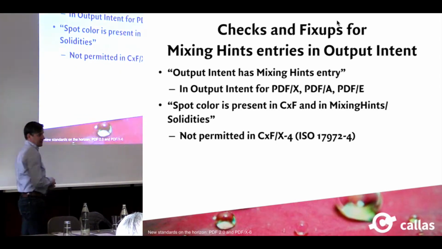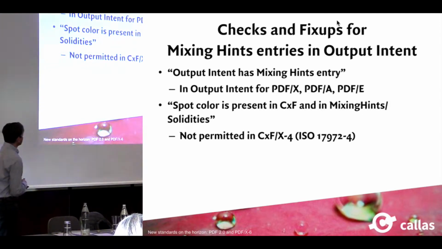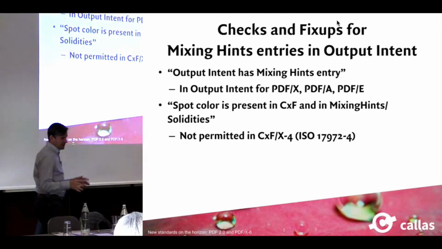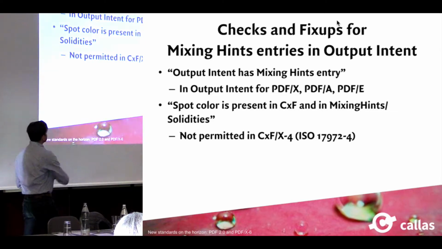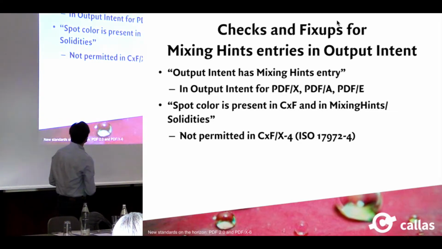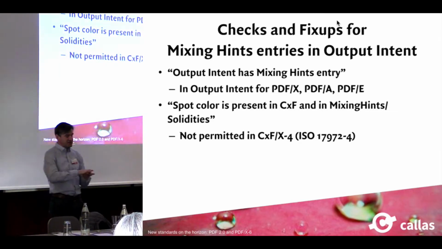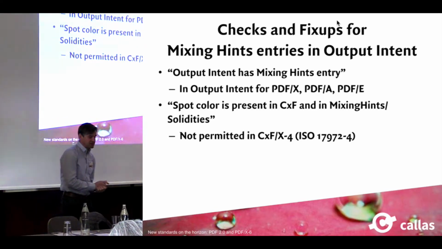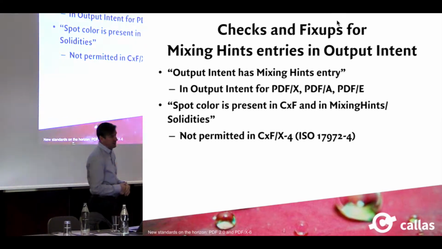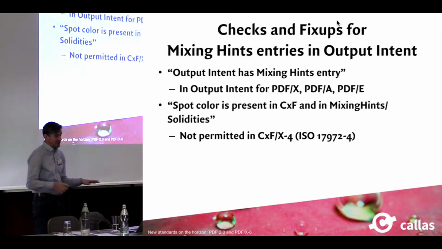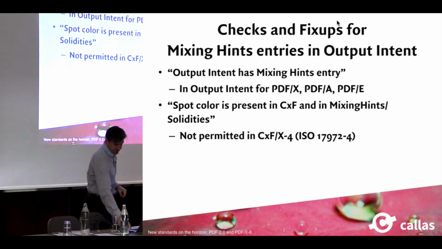Mixing hints, again, you can check for it, and then there even are checks whether this works together. If you have CXF and mixing hints, that is not permitted in CXF X4, so you can also check for that.